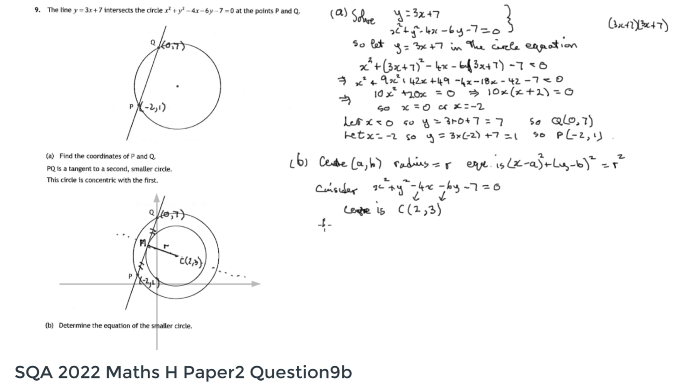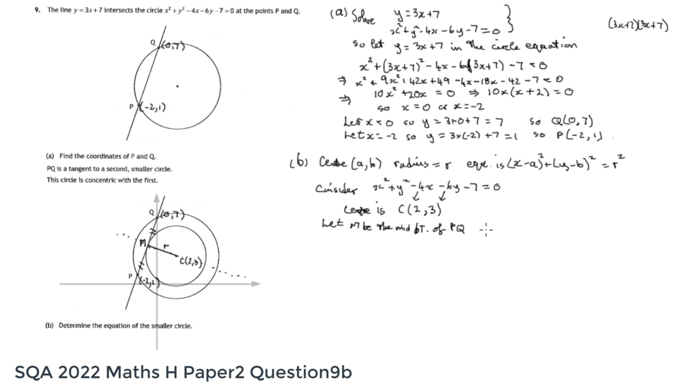So let's write this down and explain what we're doing. Let M be the midpoint of PQ. That's the chord of the circle, and it's the tangent of the smaller circle, chord of the large circle, tangent to the smaller circle.